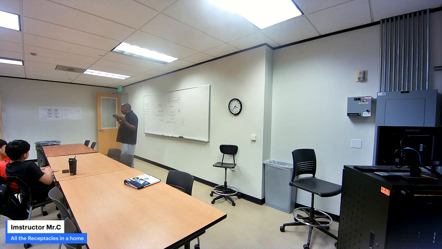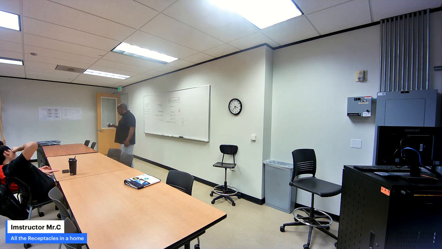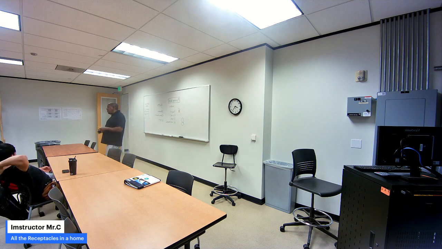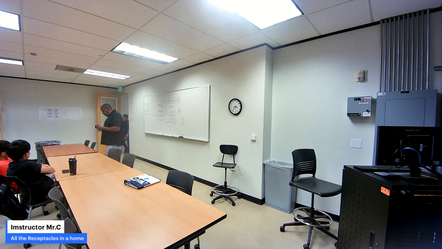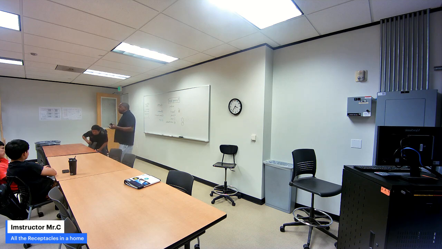So these are for what? For ranges, right? Or sometimes you go into a building and you have a four-prong air conditioner, like in a barber shop. You may see one of these. So what you have to do is follow the lettering, and it'll tell you on it. It'll say hot, neutral, ground, right?